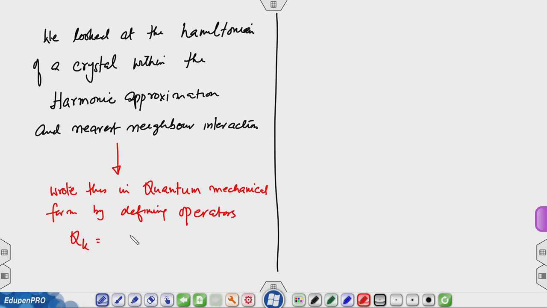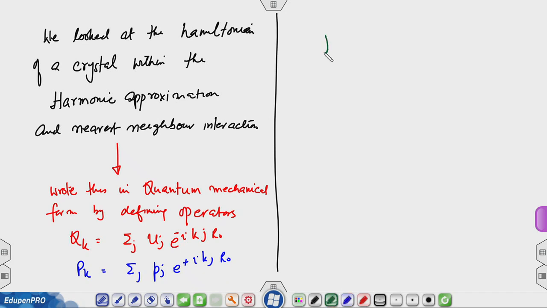q k, which is summation j u j e raised to minus i k j r 0, and p k, which is summation j p j e raised to plus i k j r 0.